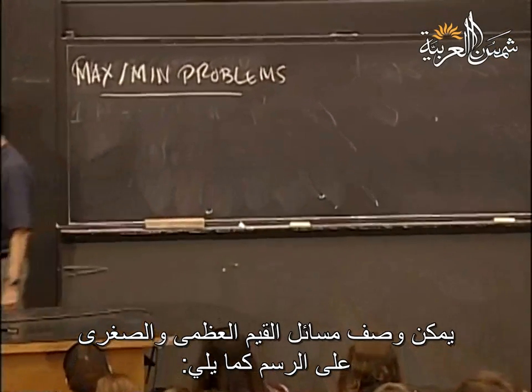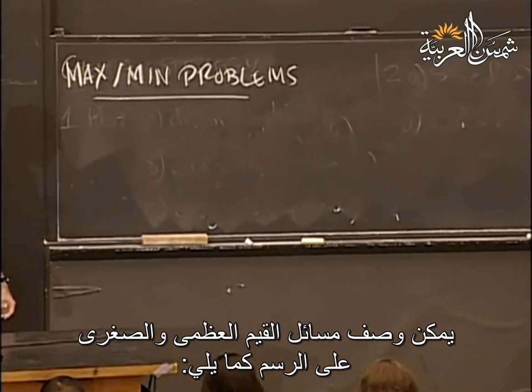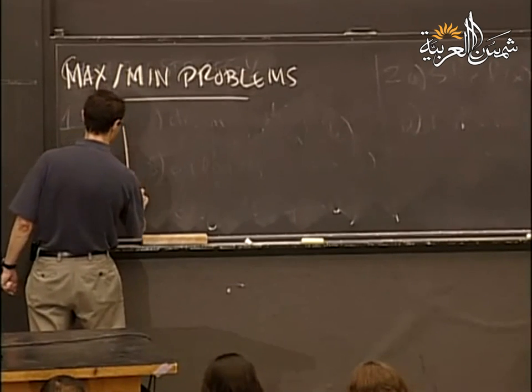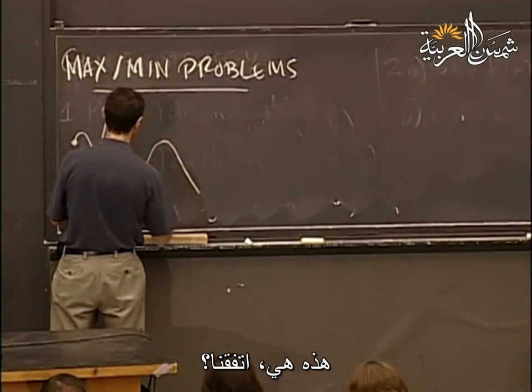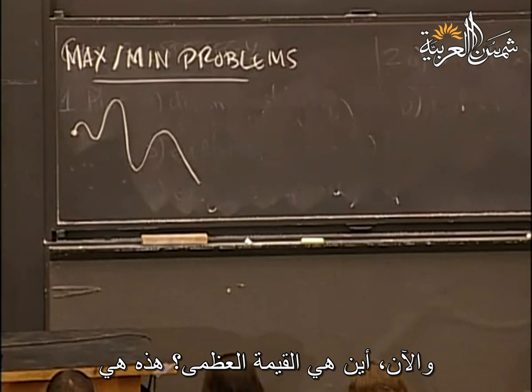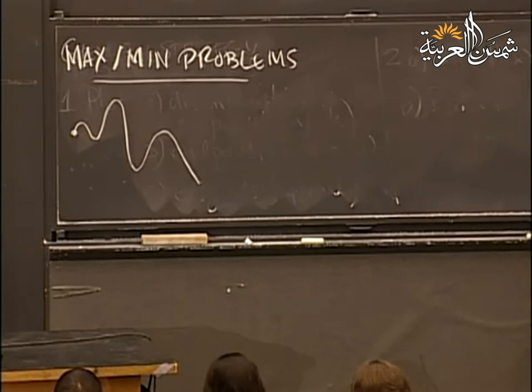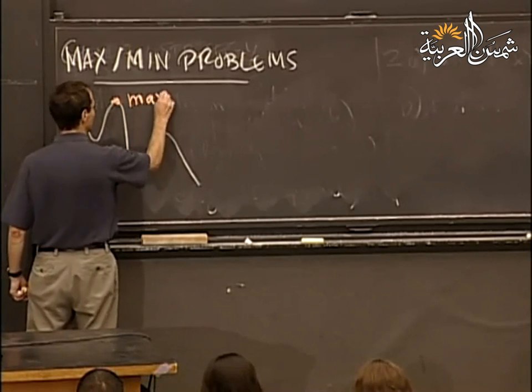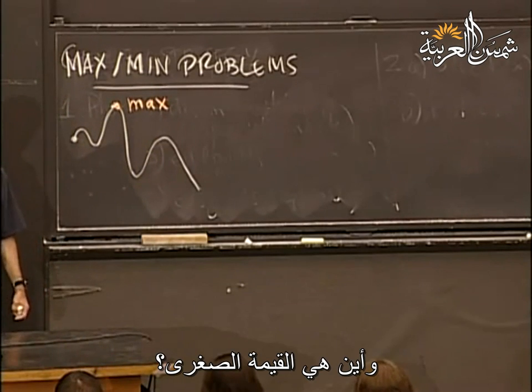Maximum and minimum problems can be described graphically in the following way. Suppose you have a function. All right, here it is. Okay. Now, find the maximum. All right. Aha. And find the minimum.